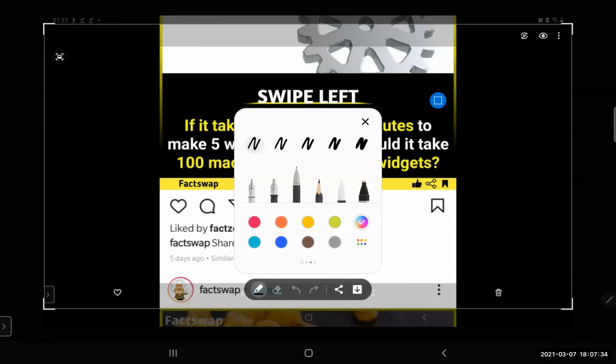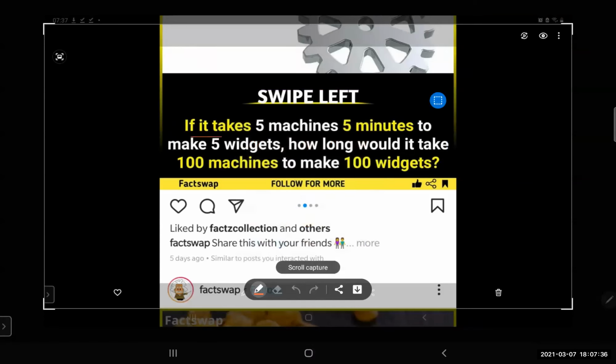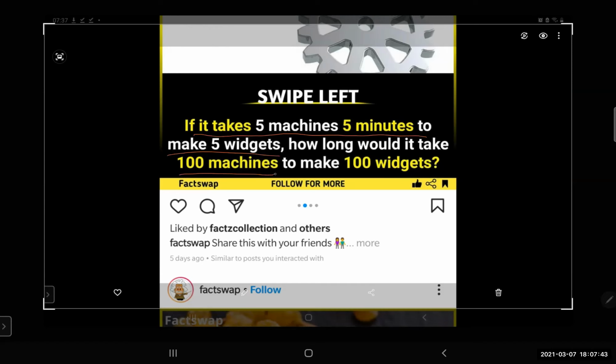Let me know when you have an answer. It says it takes 5 machines 5 minutes to make 5 widgets. How long would it take 100 machines to make 100 widgets?